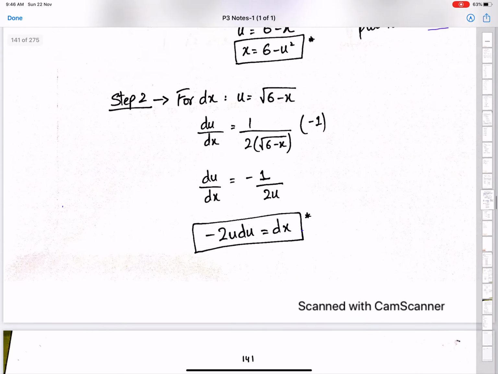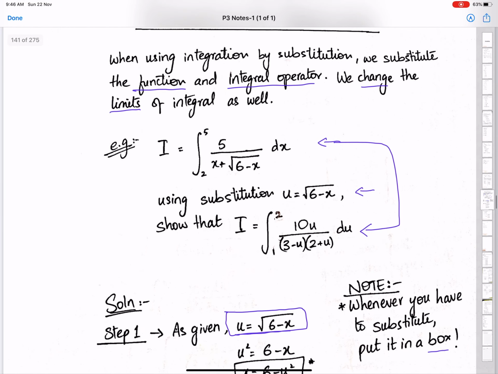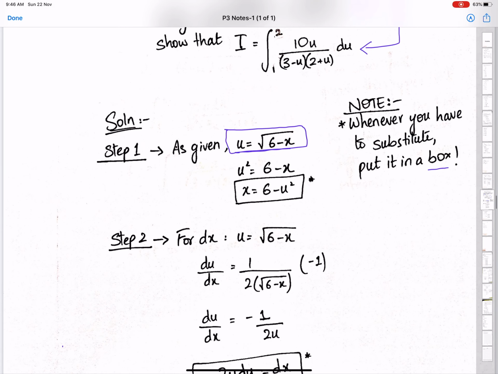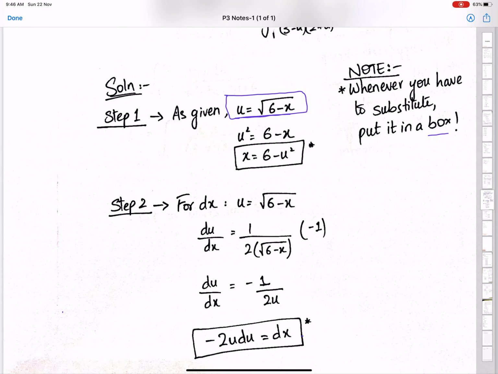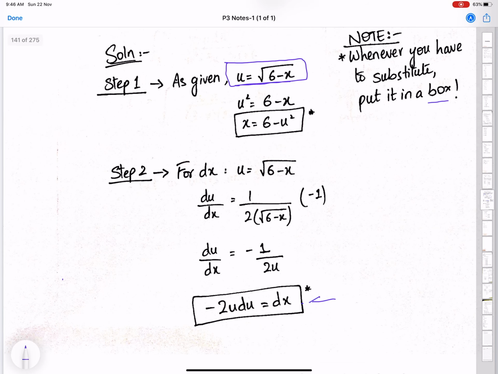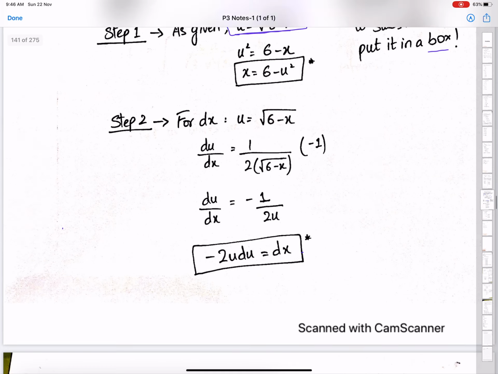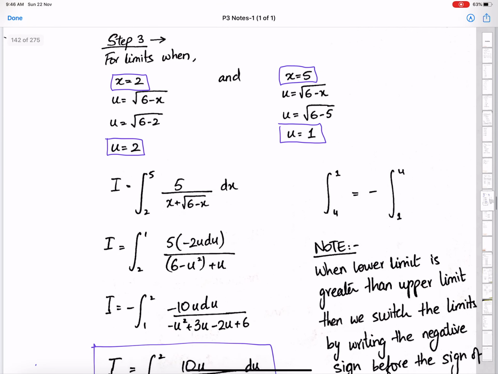So you can again check the solution. Number 1, use the given substitution and get the integral operator dx, which is here. And then change the limits. And then if you observe the given question, you have to substitute x as well.